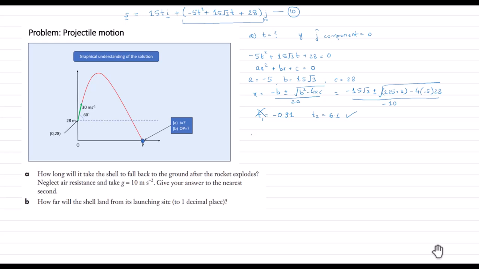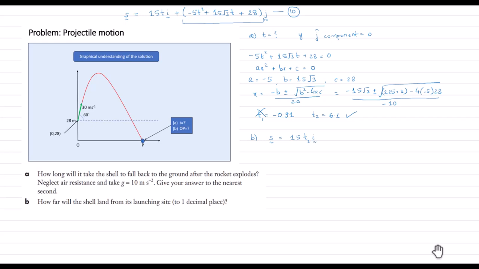And now let's see part B. How far will the shell land from its launching site? So we have to find the displacement OP. Displacement OP is given by equation number 10. At point P, this will be 15t, which we have calculated as t2, times i.